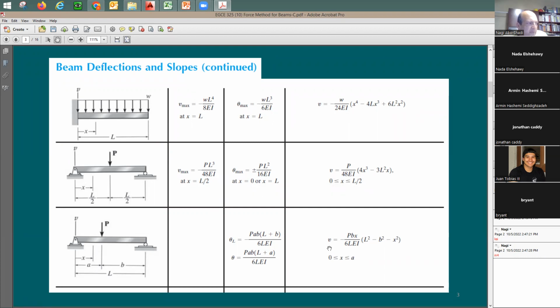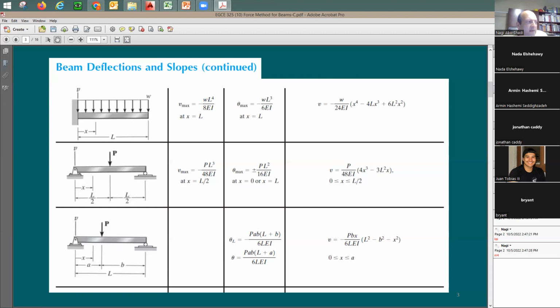And here's the deflection equation. I can use this deflection equation. If you want to find out deflection at point A, for a case like this, you set x equal to A. So in this case, it's going to be L squared minus B squared minus A squared. But if you want to find out deflection for this beam at any other point, provided that P is applied at A, you can just use this equation, and it's going to be B squared, and X is going to be the value that you are interested in finding out deflection at.